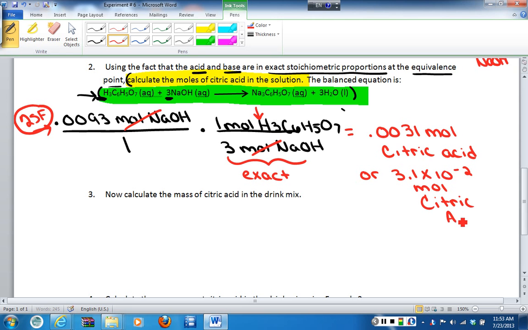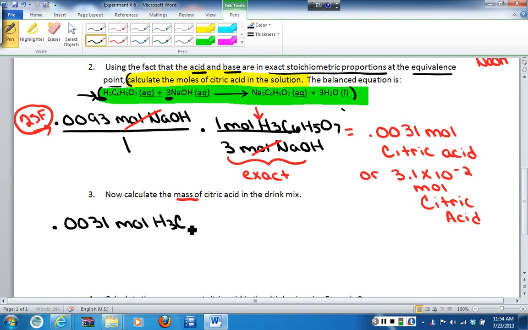So, we've determined the moles of sodium hydroxide, and we've determined the moles of citric acid. Now, the third part of the question asks us to calculate the mass of citric acid. Right now, we have an amount of citric acid in moles, but we need it in grams. We have 0.0031 moles of citric acid.